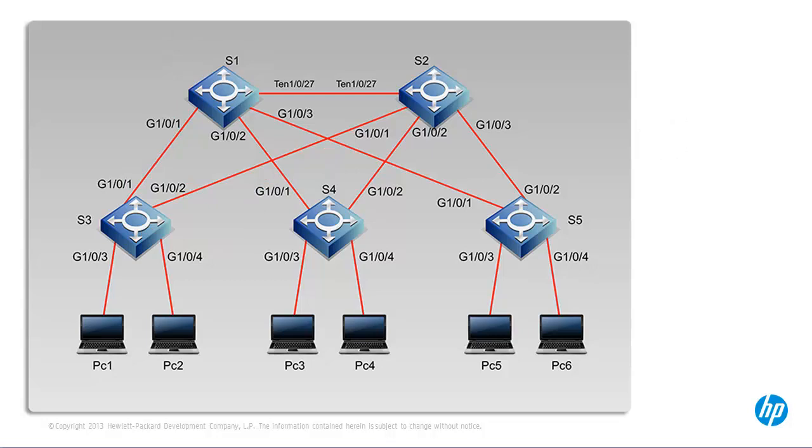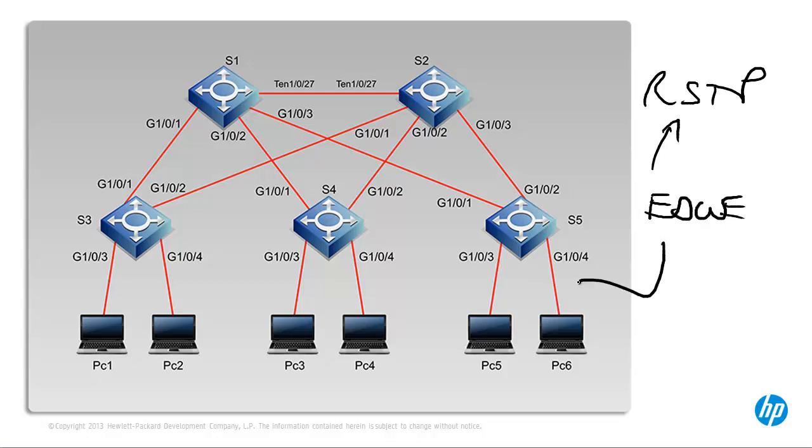Those enhancements were taken and rolled into a protocol called Rapid Spanning Tree. In Rapid Spanning Tree, you do not configure UplinkFast or BackboneFast, but you still configure edge ports. So the ports where users are connected would be configured as edge ports.